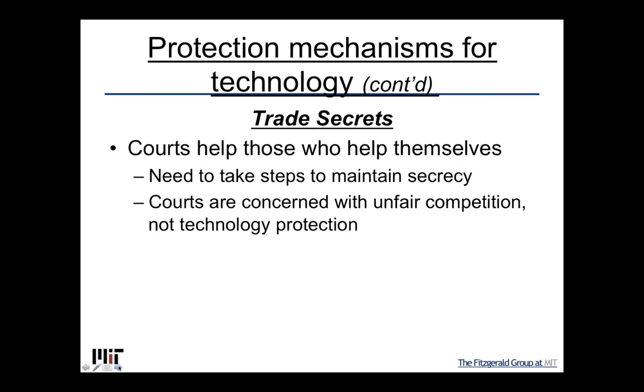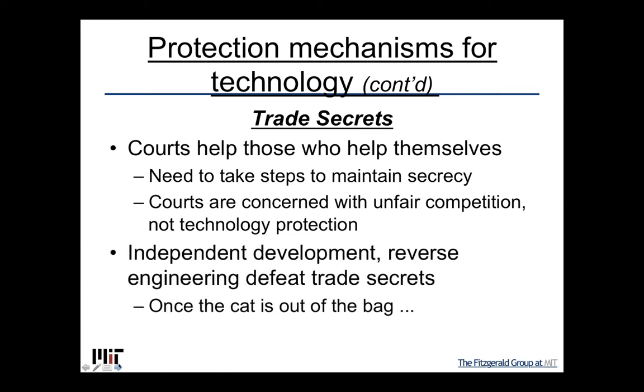Of course, the most famous case for trade secret is the Coca-Cola formula. If there's an advance that is known, and someone's willing to apply enough dollars, independent development, of course, can be used around trade secrets.